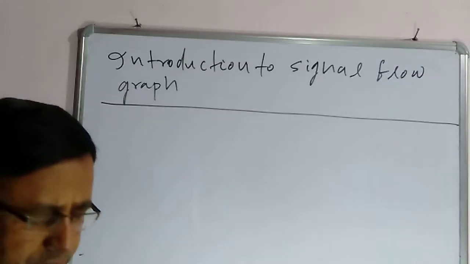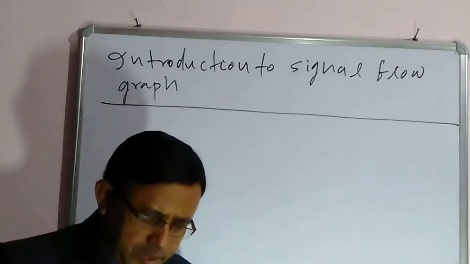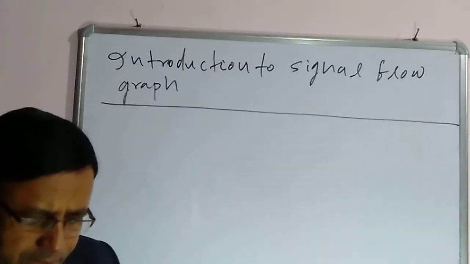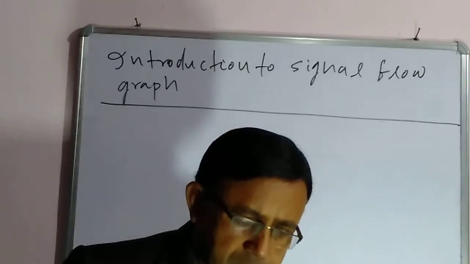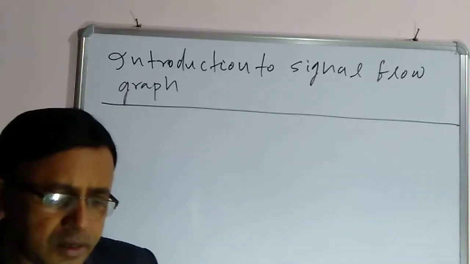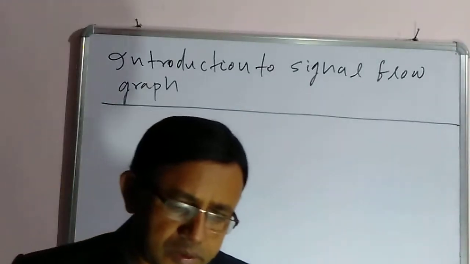To overcome the drawbacks or disadvantages of the block diagram reduction technique, S.J. Mason introduced another method, that is the signal flow graph method.